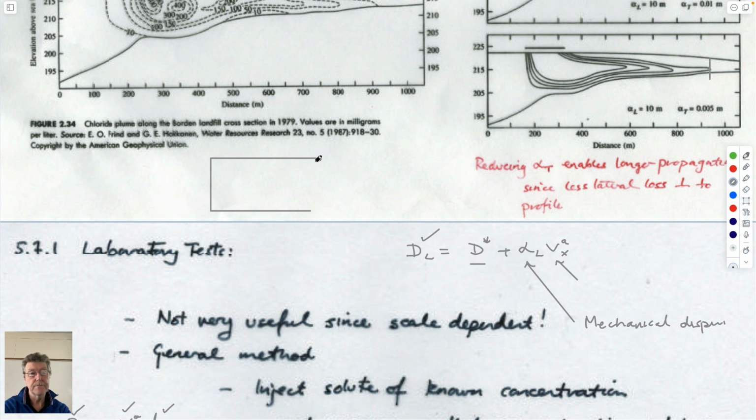is that if you think about having a core that has a whole bunch of fast flow paths in it, some stringers that are going at a high velocity, then you might expect that the front of your system as it goes through here takes the opportunity to travel downstream faster in the regions where it has higher permeability.